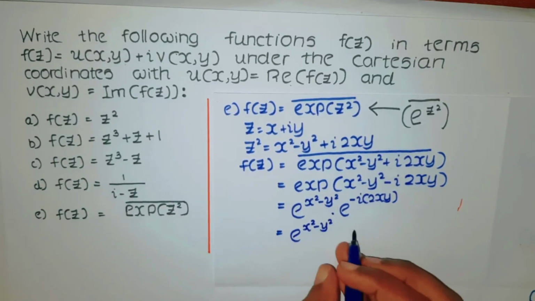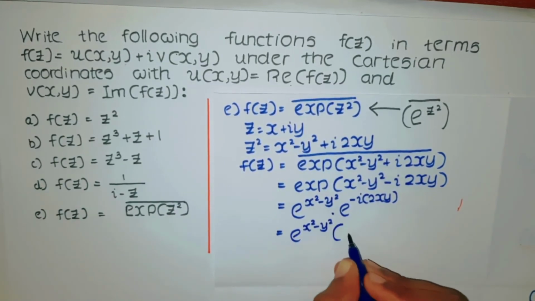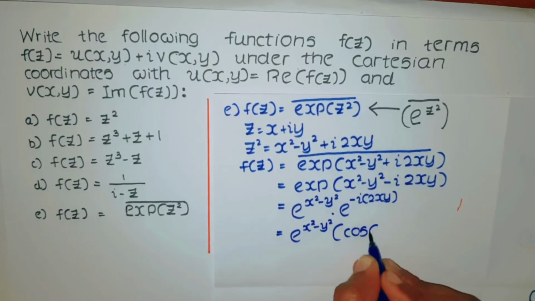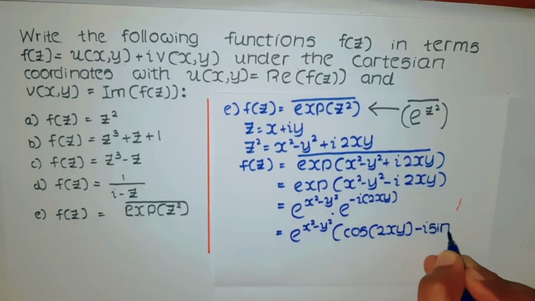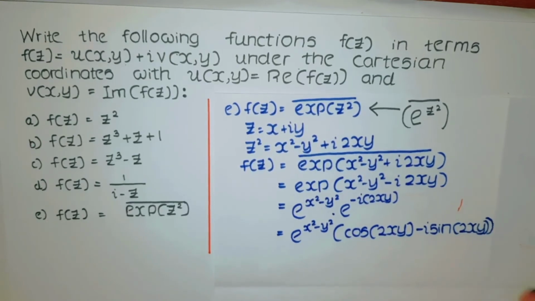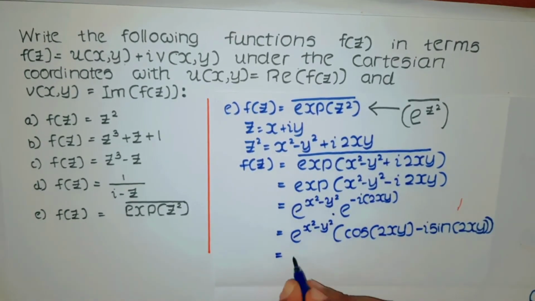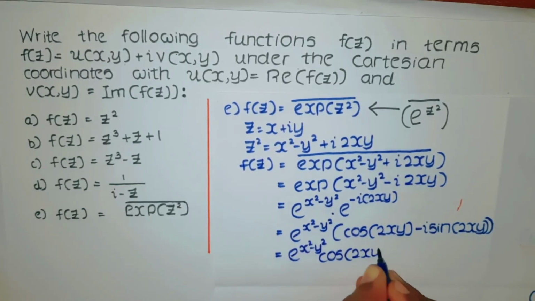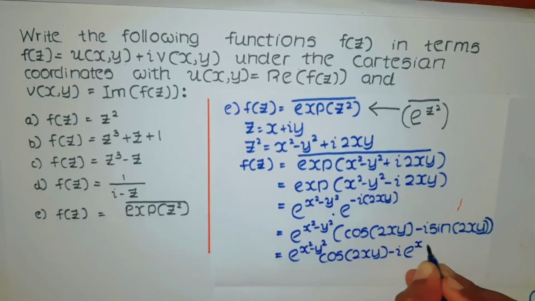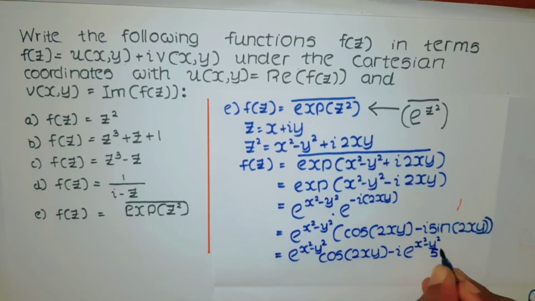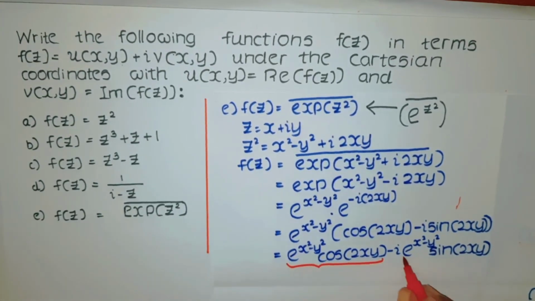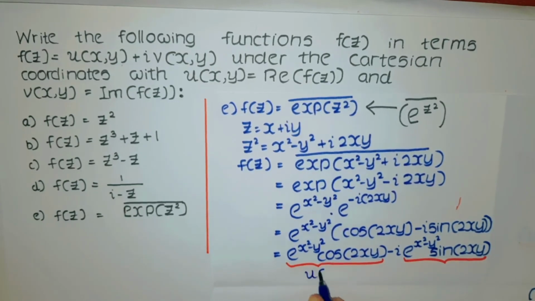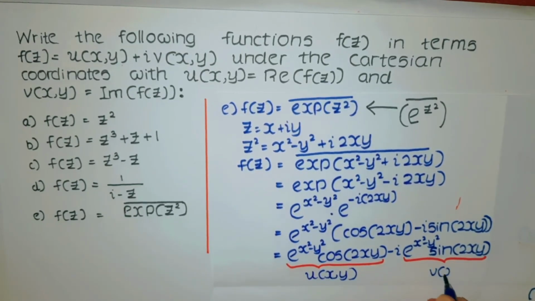So you can write e to the power minus i 2xy as cos 2xy minus i times sin 2xy. Then you can separate u(x,y) and v(x,y) this way. Remove the brackets and get the final answer. Then this is the u(x,y) and this is the v(x,y).